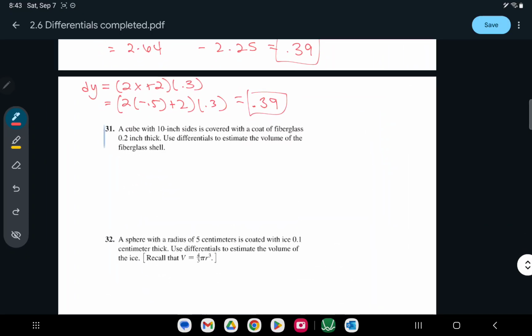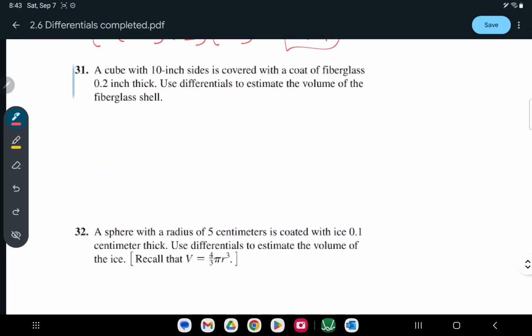Let's look at some more. Let's look at some applications. A cube with 10-inch sides is covered with a coat of fiberglass that is 0.2 inches thick. Use differentials to estimate the volume of the fiberglass shell.